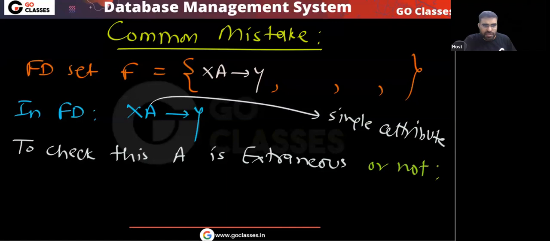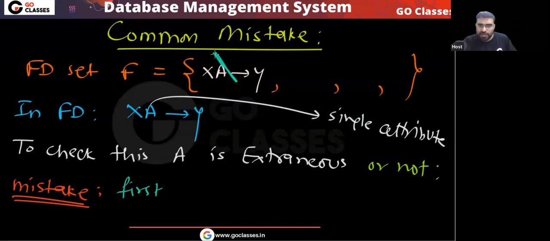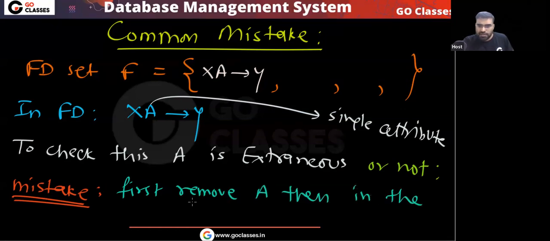The mistake. What is the mistake? The mistake is that first you remove this A, and then in the resulting FD set you find X plus.